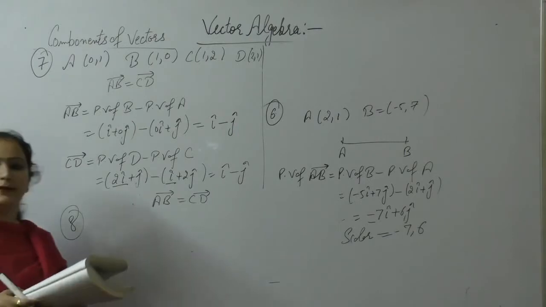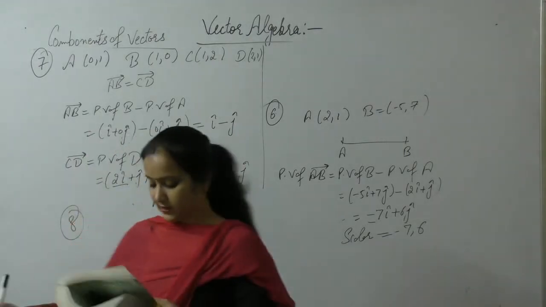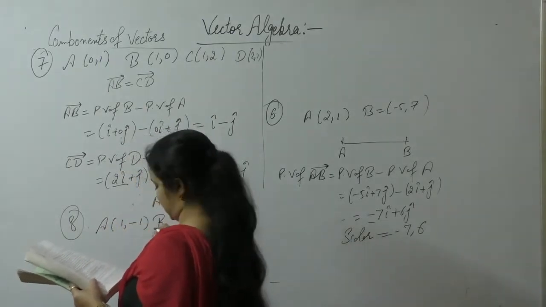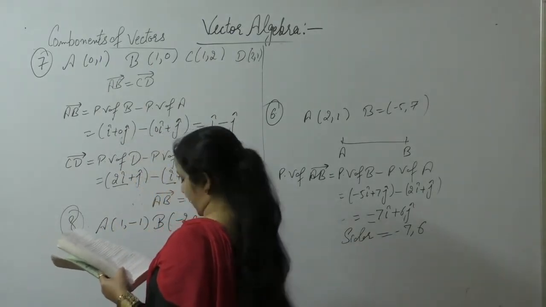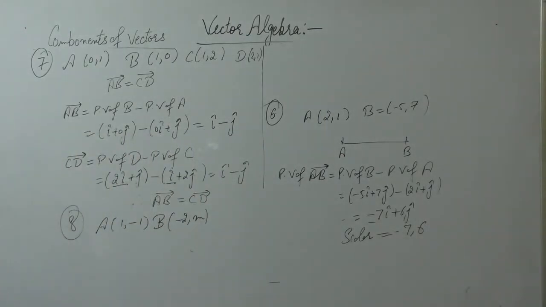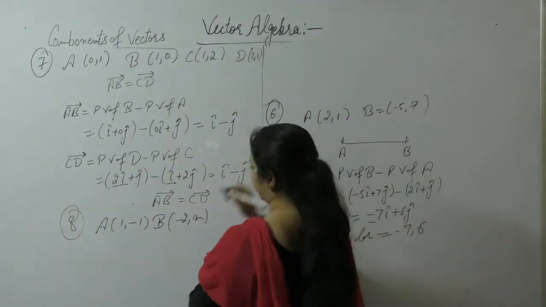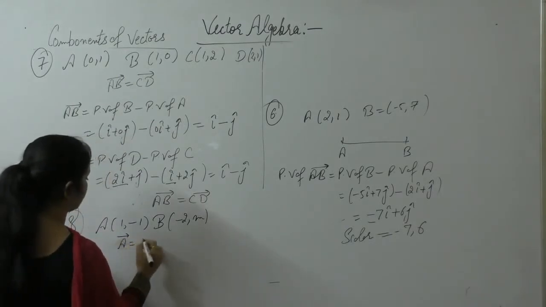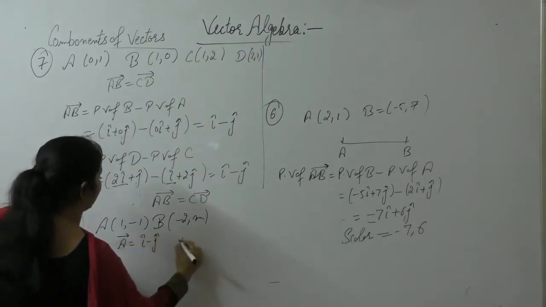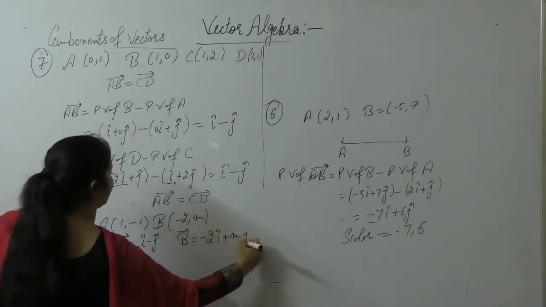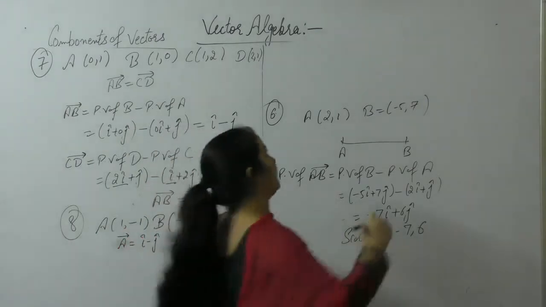If A vector and B vector are the position vectors of the points (1, minus 1) and (minus 2, m), find the value of m for which A vector and B vector are collinear. Now we can write A vector as i cap minus j cap, B vector as minus 2i plus m j cap.